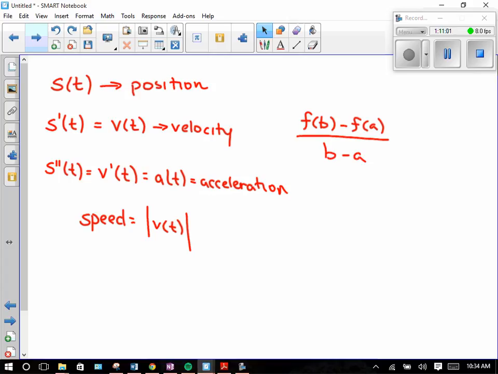And then 9 and 10, it's really just asking you to find the velocity given the position. We'll look at number 9 real quick together, like 9A.